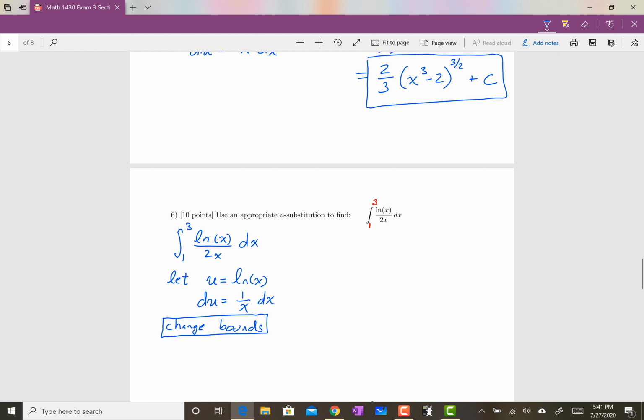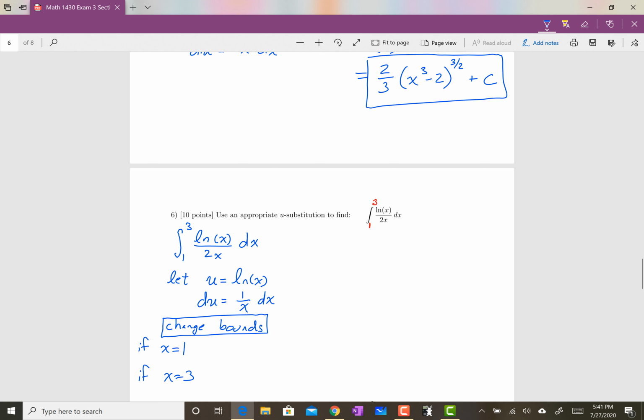Instead, we're going to change the bounds to be what are called u bounds instead of x bounds. And then we'll have everything the way we need it. So let's look at our current bounds. Our current bounds are what we call x bounds. Because first of all, if our value is 1, that means x is 1. If our value is 3, that means x is 3.